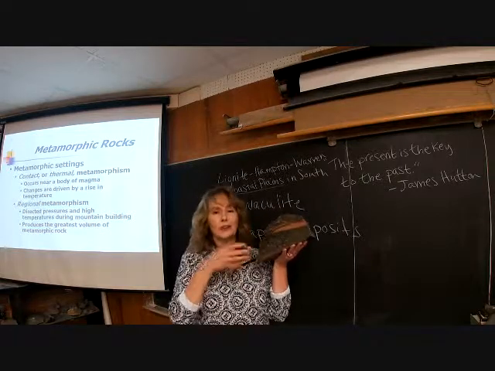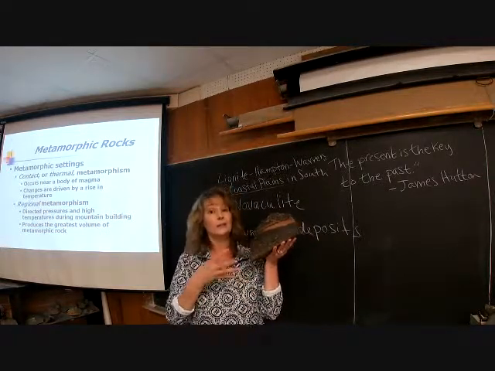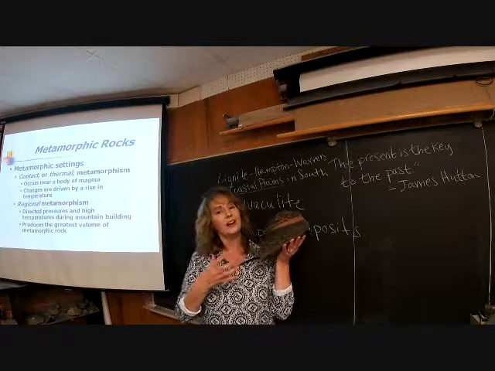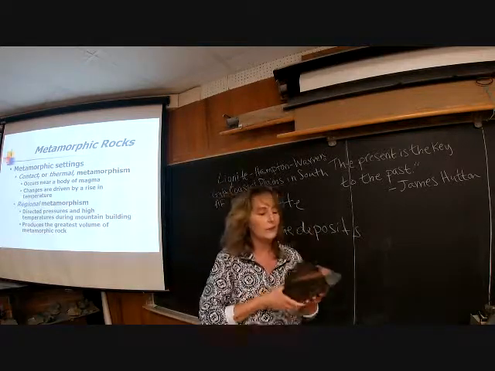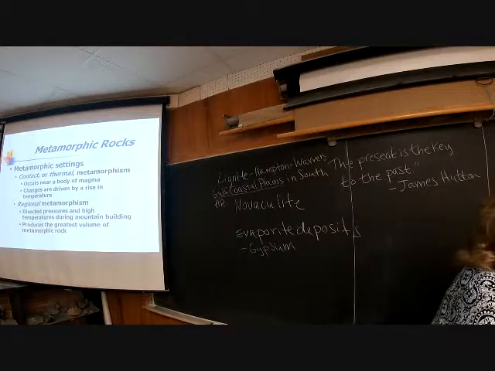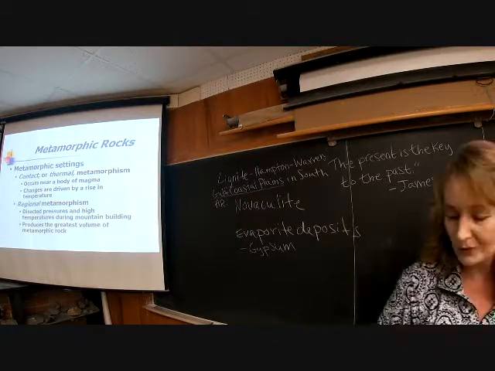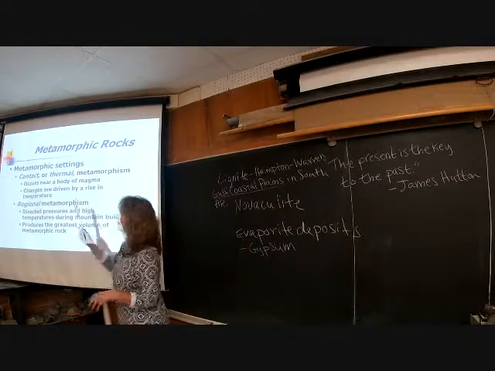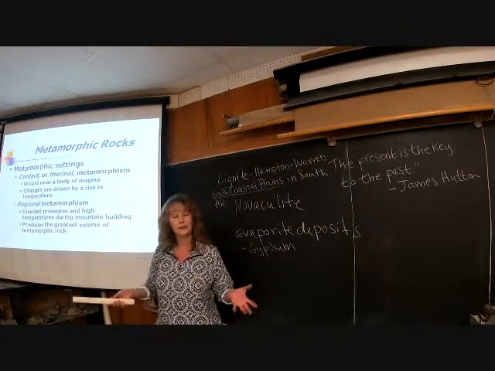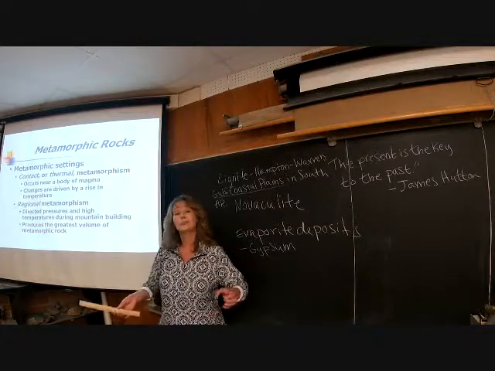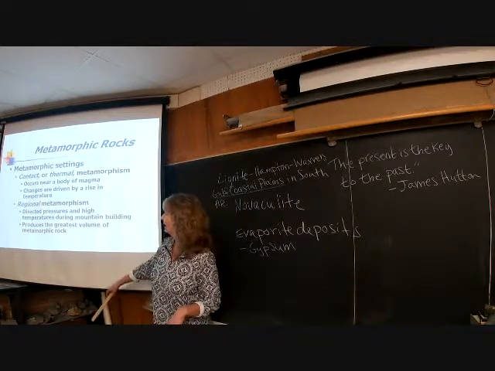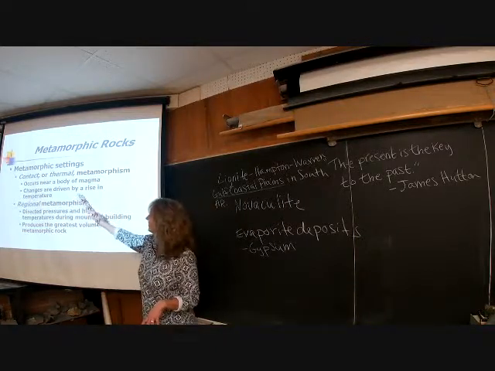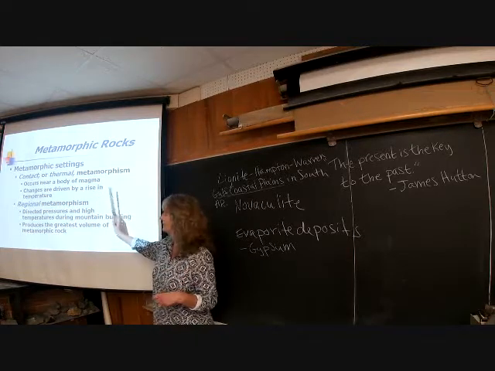But yeah, that intrusion kind of fingering in was molten magma. So we do call that contact metamorphism. And this is where it would actually get very close to a nearby magma, okay? Enough that it was hot enough to actually metamorphose the surrounding rock. So changes are driven by a rise in the temperature there.